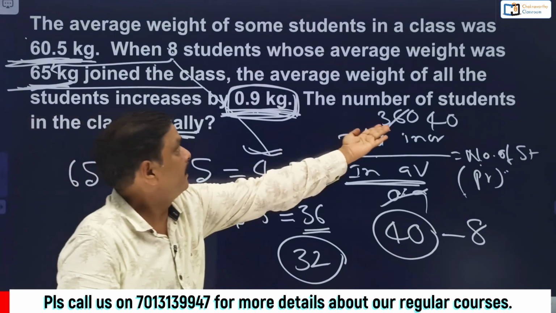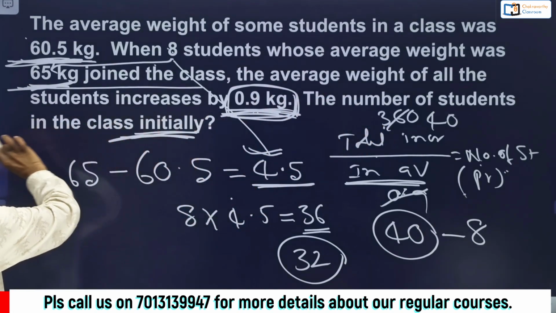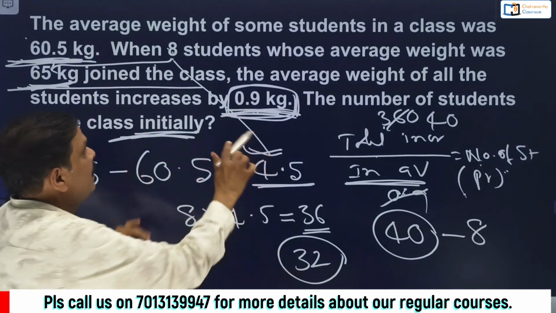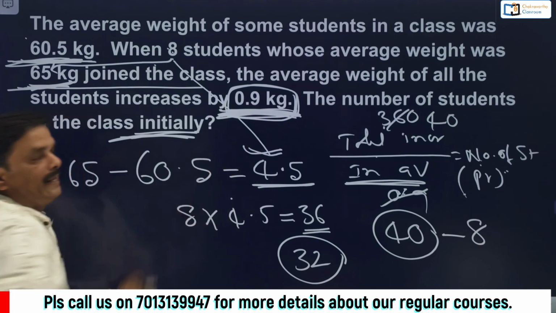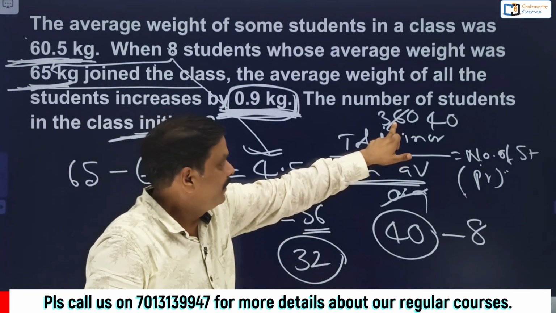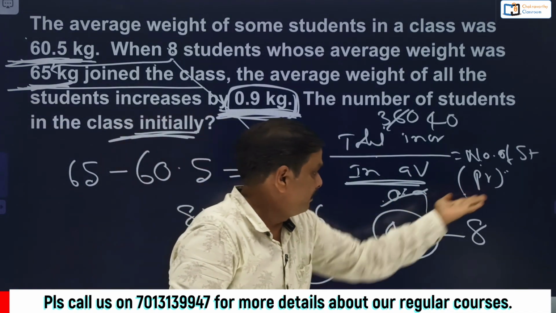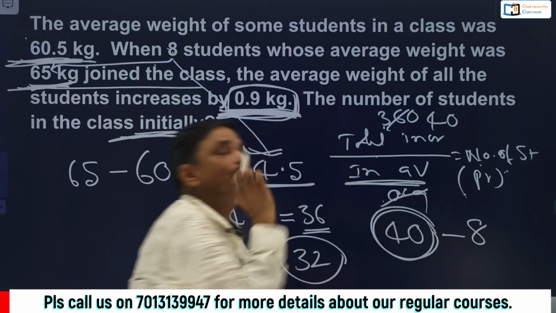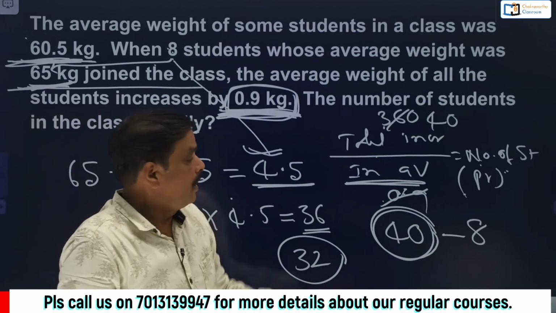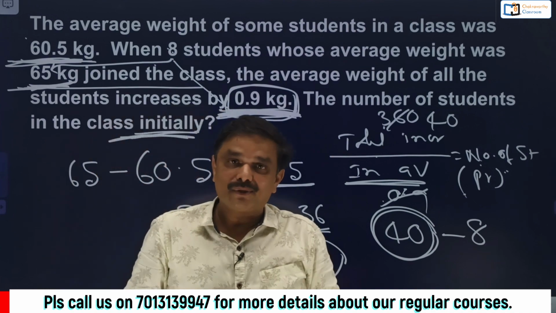In the problem they have given that after adding 8 students, on an average 0.9 kgs has been increased. So the present total number of students is 36 divided by 0.9, which is 40. But the question is not about the present, it is about the initial number of students. So 40 minus 8, my answer is 32.